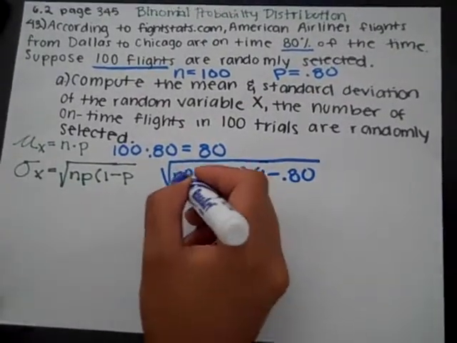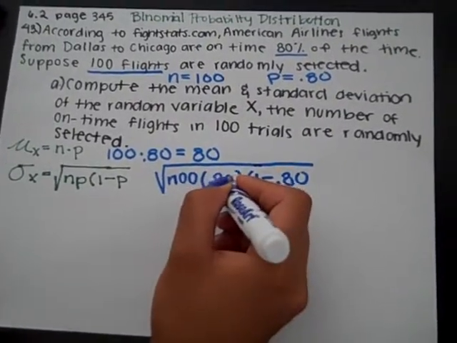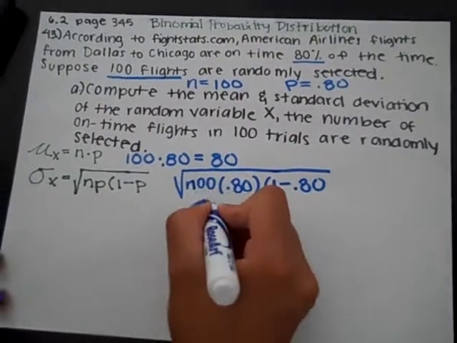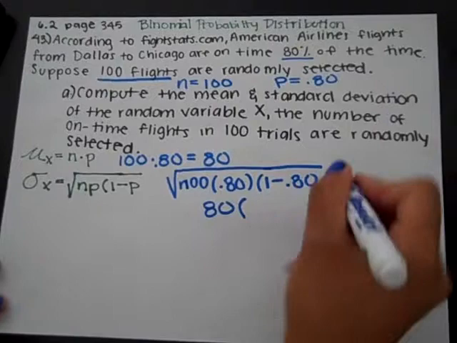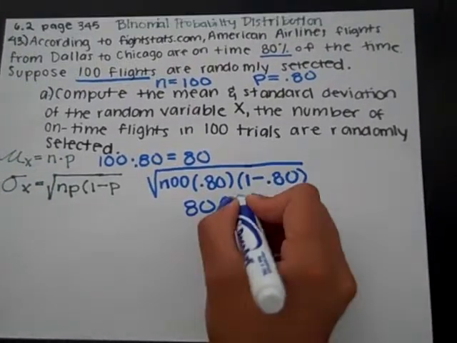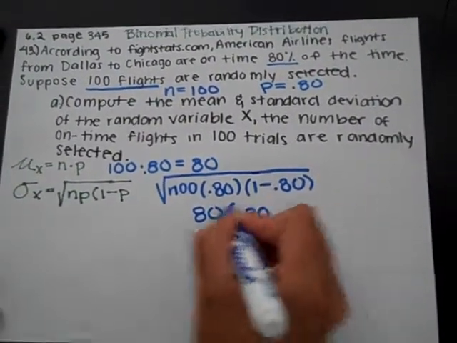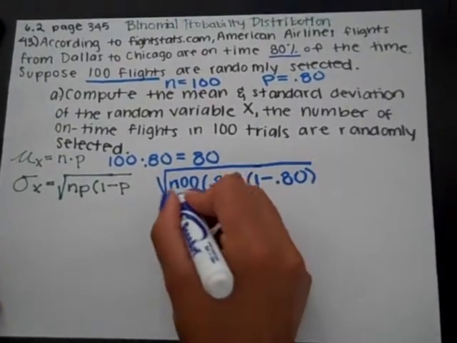So 100 times 0.80 is 80, times 1 minus 0.80, which equals 0.20. And you find the square root of that.